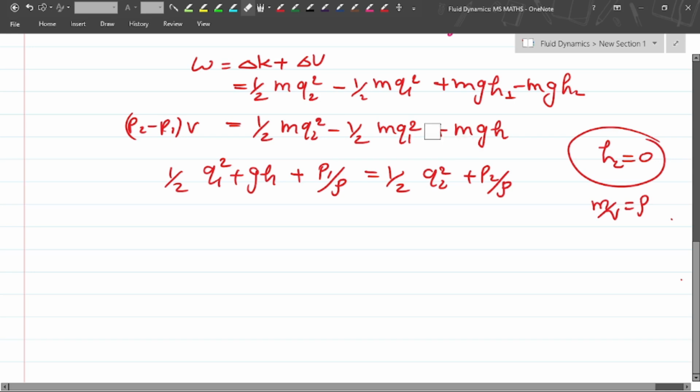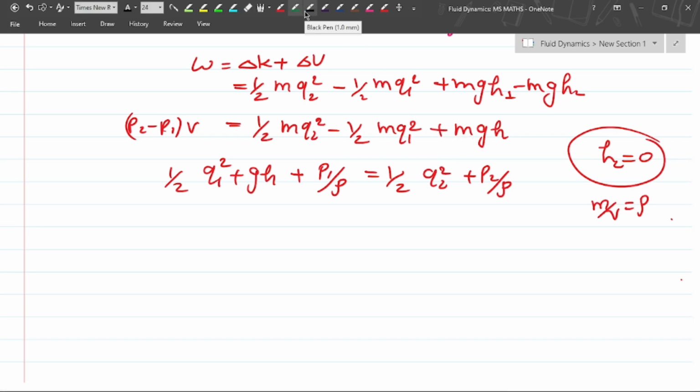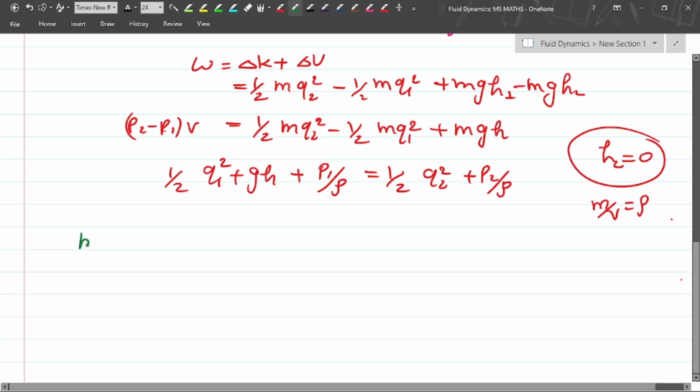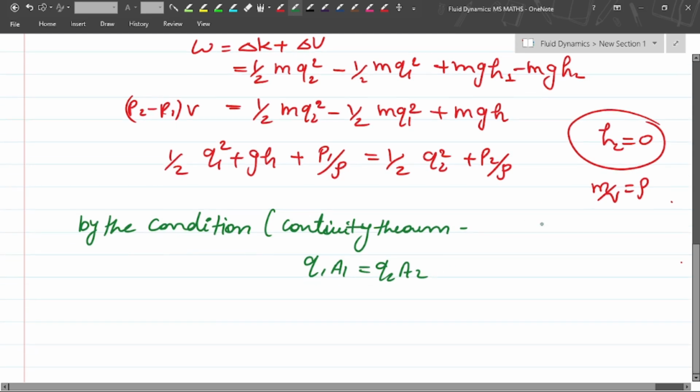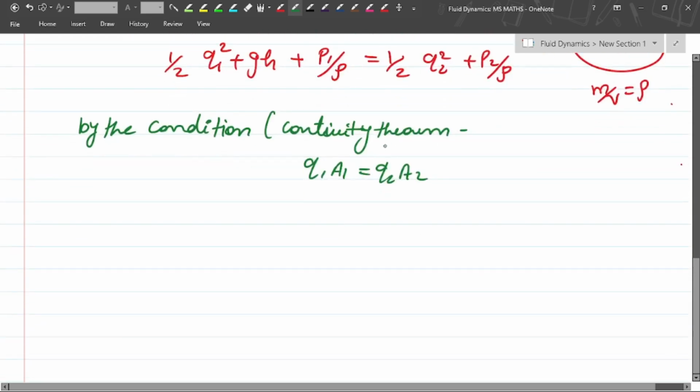Now next, we want to find the velocity at the outlet. So what will be the velocity? By the continuity theorem, q1 a1 is equal to q2 a2, velocity into area is equal to velocity into area.